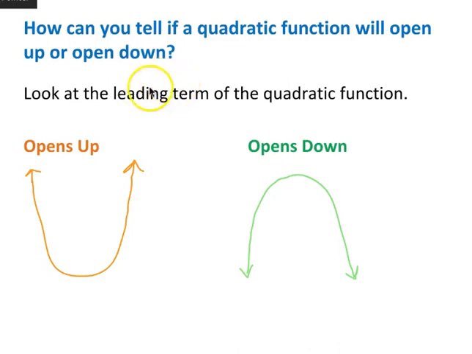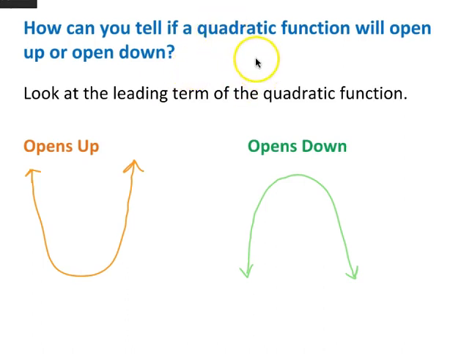The leading coefficient is the number being multiplied times the x squared term. So we put that all together and we have the leading term. The leading term includes both the variable term and the leading coefficient.